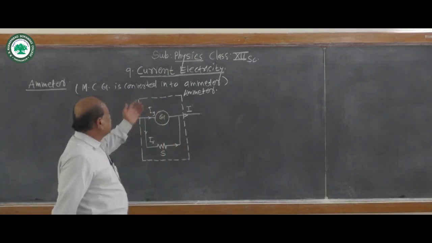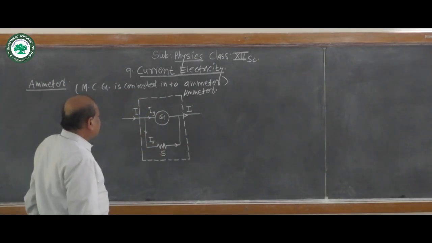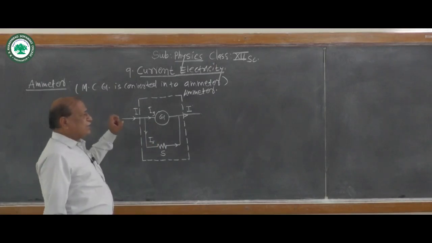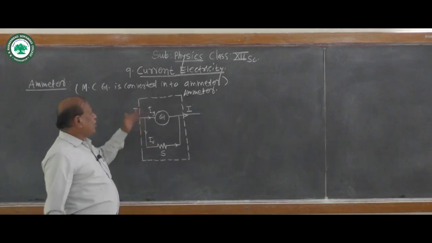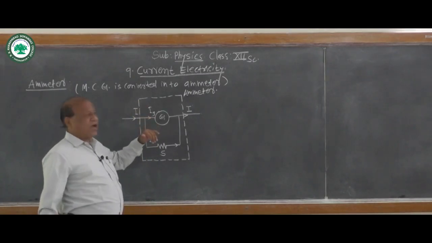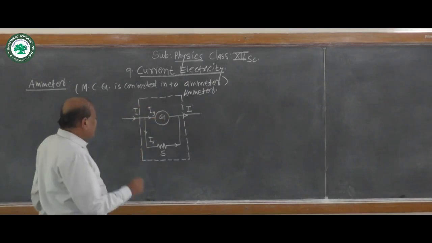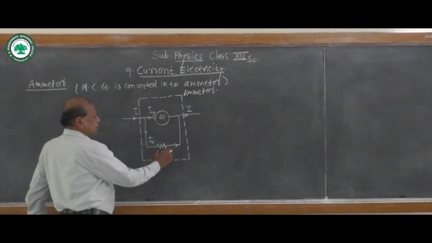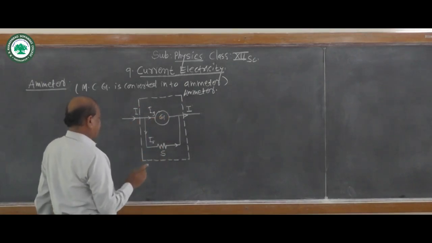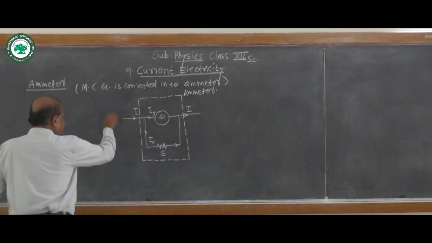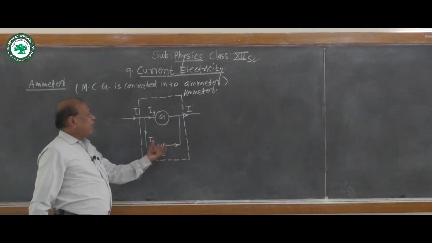And so to decrease the resistance of the galvanometer, which is increased by the series connection, we connect the shunt resistance parallel to galvanometer G, and we need to find the value of S which is connected in parallel to G.